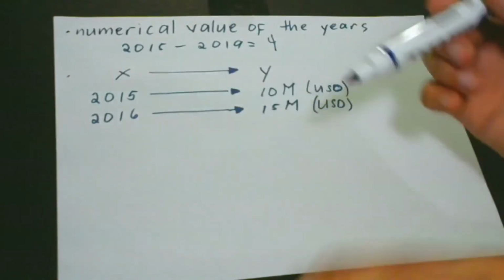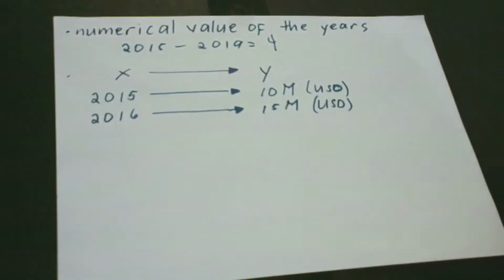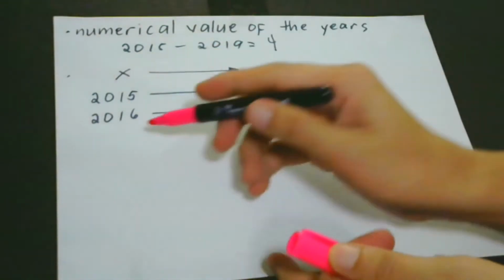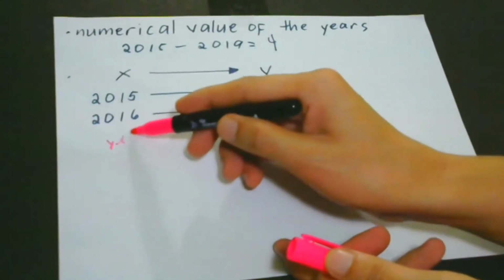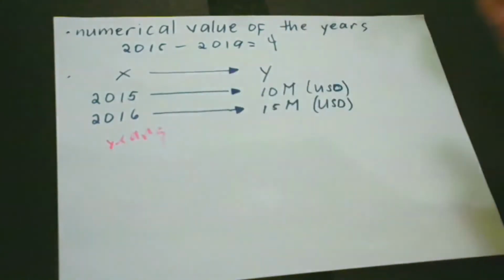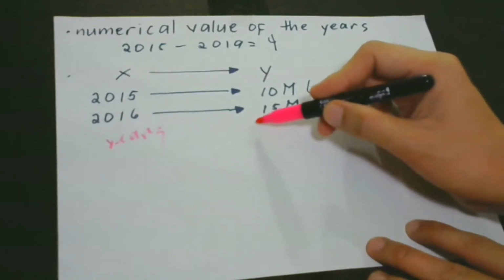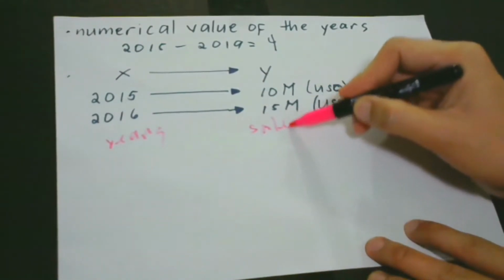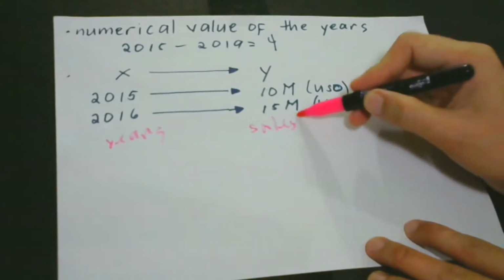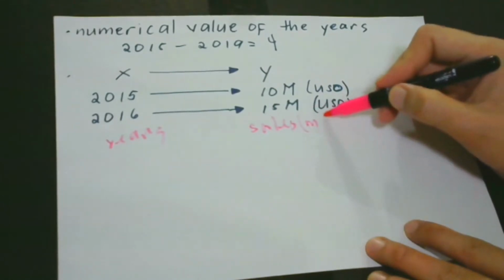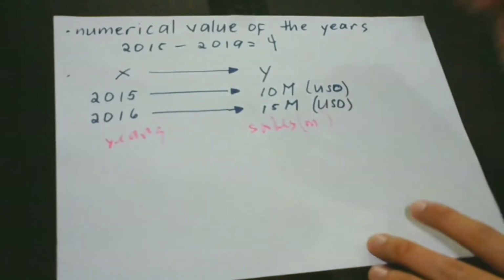So let me write here, I think I need to use another color. So, okay, we have here years. And this will return y, which is the sales in million. So let's write here sales. This is in million USD, okay?